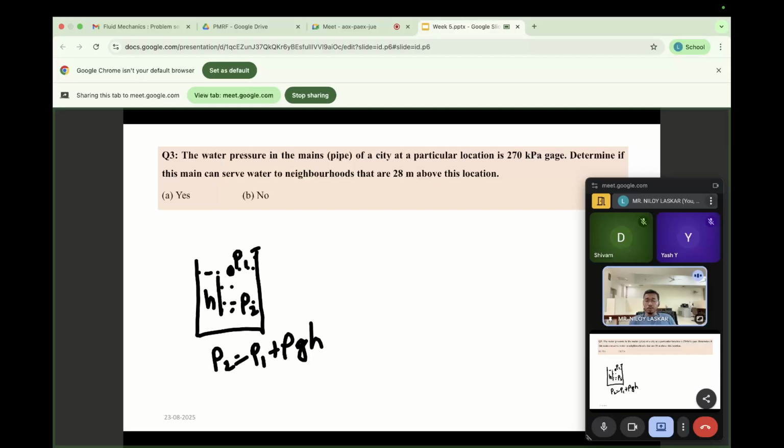If I consider P1 equal to 0, that means gauge pressure, then I can write P2 equals rho g h. So that is a gauge pressure. That means the pressure at the surface of the liquid I consider as 0, and that is the reference line.